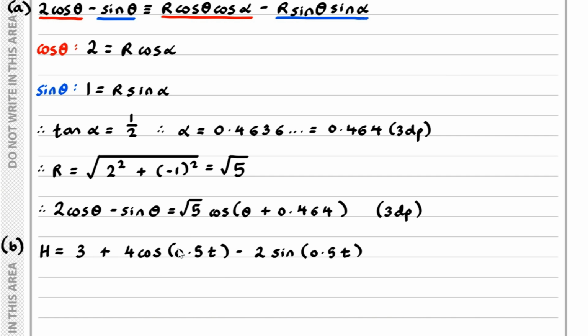So far we know that h is equal to 3 plus 4 cos of 0.5t minus 2 sine of 0.5t. So we have 3 plus 2 lots of 2 cos of 0.5t minus sine of 0.5t.